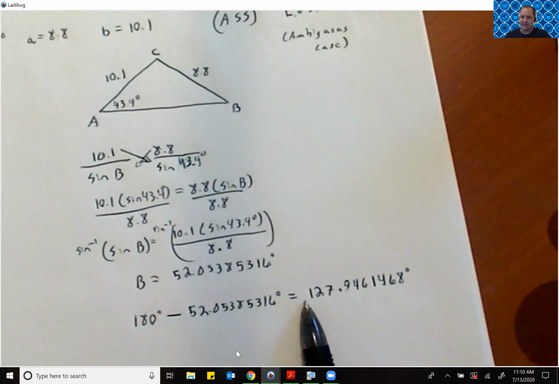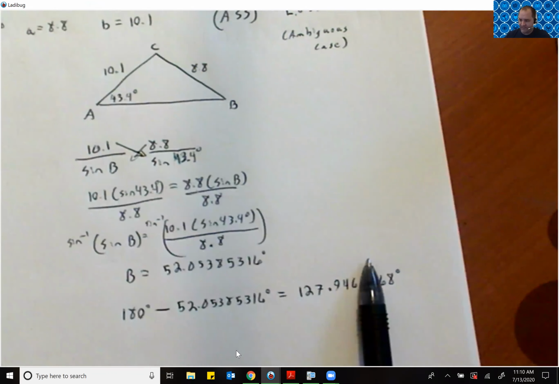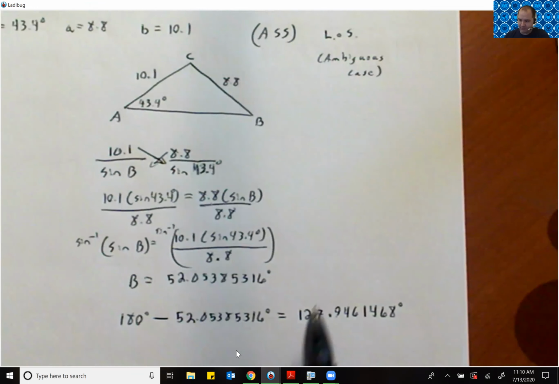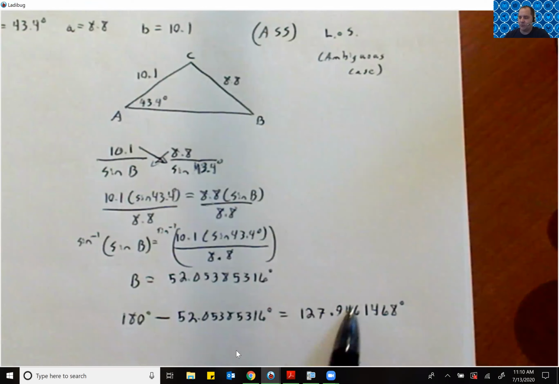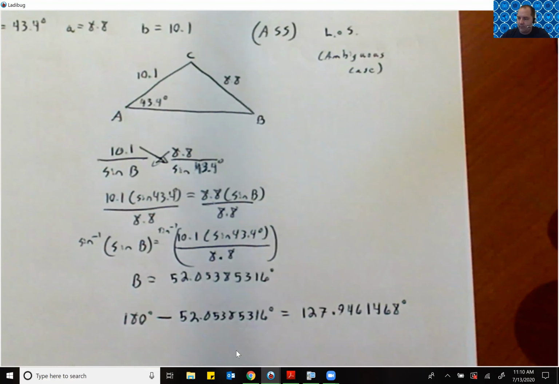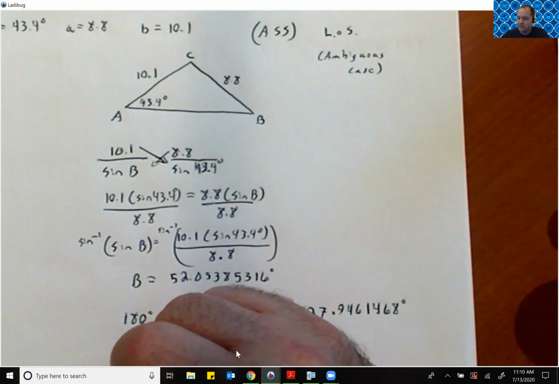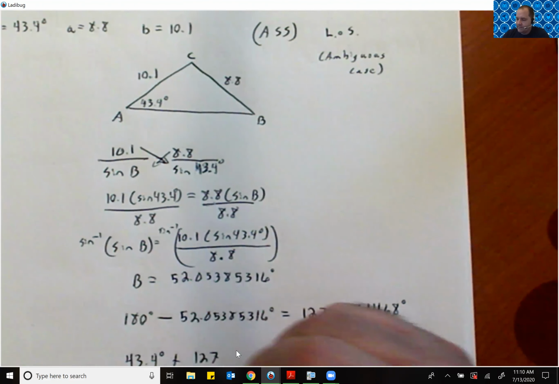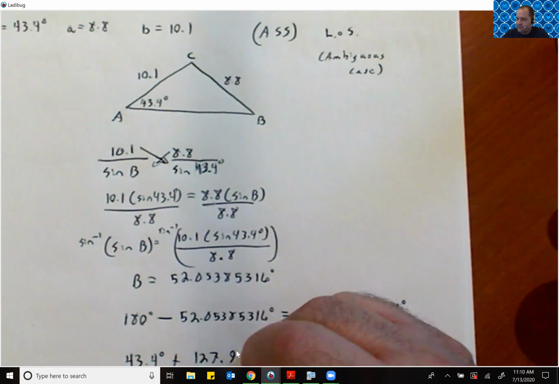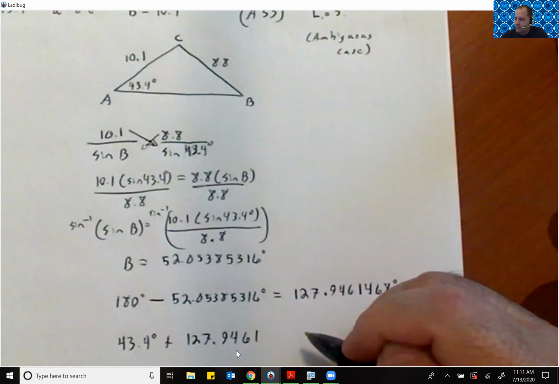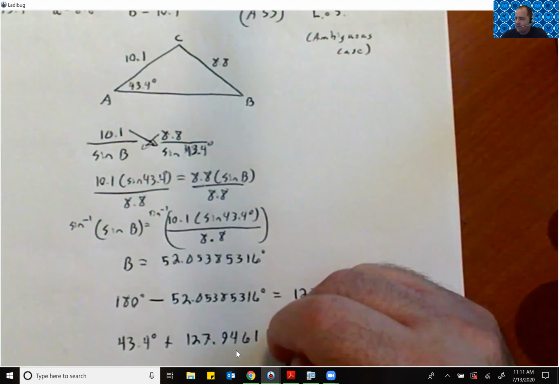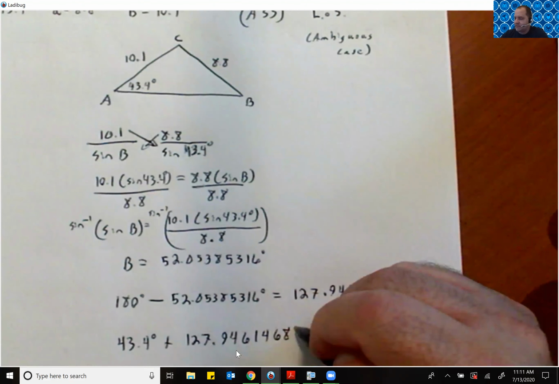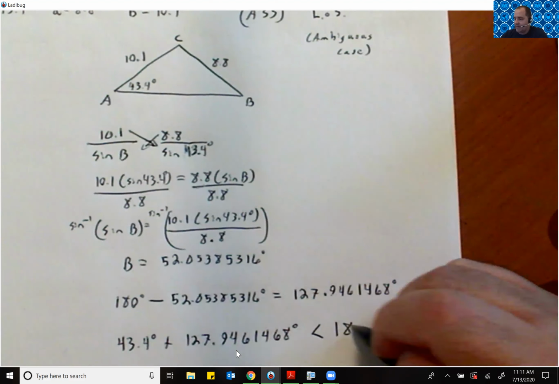So this is what the other angle B could be in another triangle. But we have to check this. We know this one's good, so we know we have at least one triangle, but the question is, can angle B be 127.9 and so on? So we're going to take angle A, the 43.4 degrees, add that with the 127.9461468 degrees, and check to see if it is less than 180 degrees.